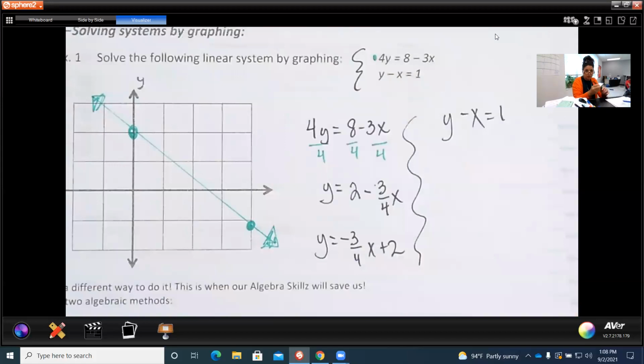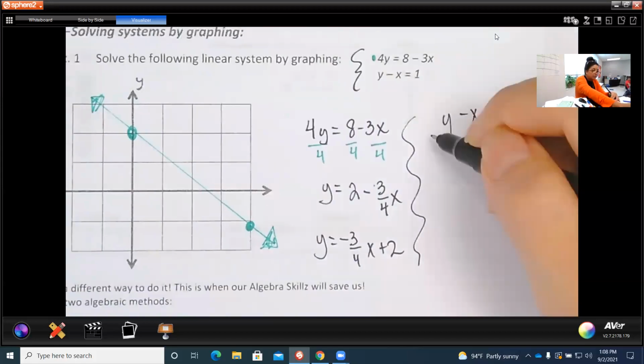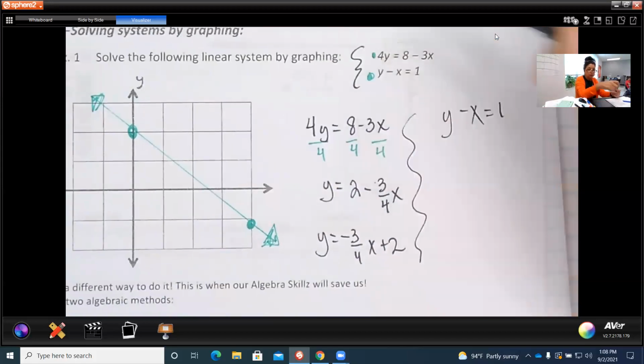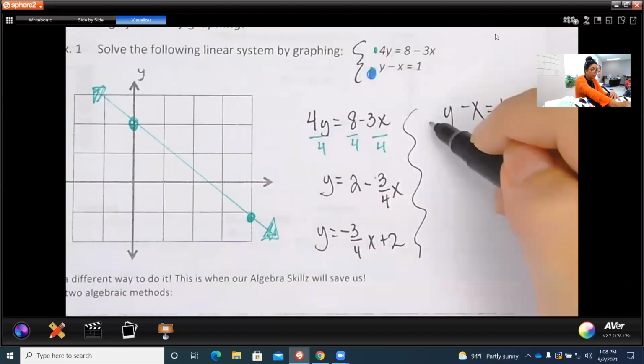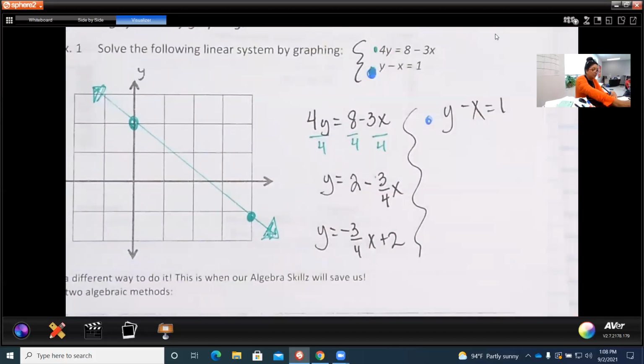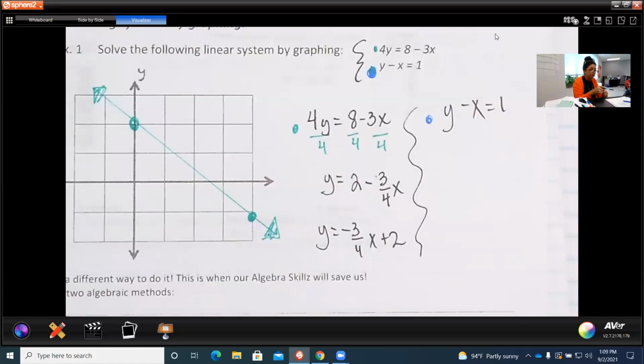Is the next equation ready to graph? Not yet. What do I need to do to get it ready to graph? What's my first step? Okay, I can add x to both sides.